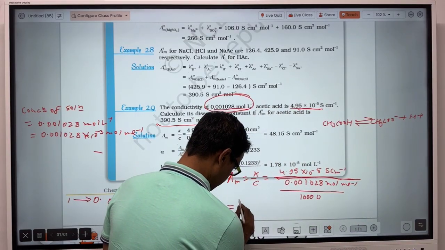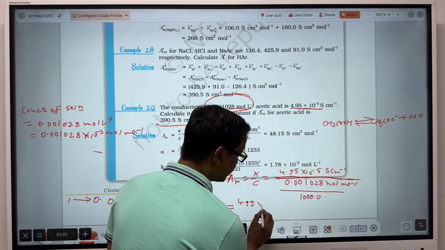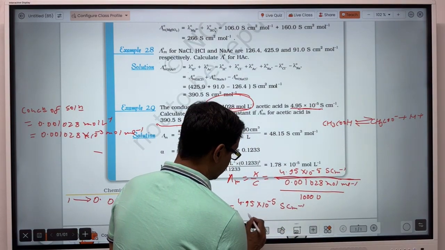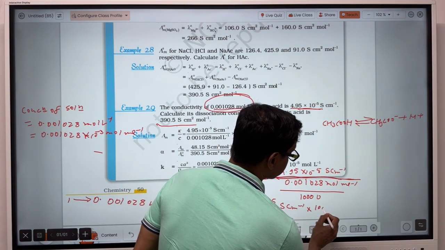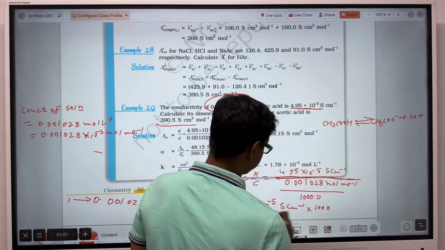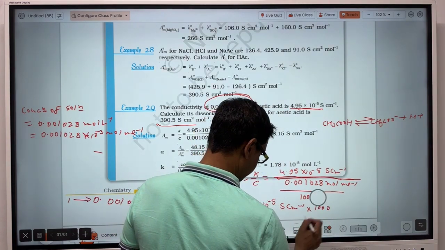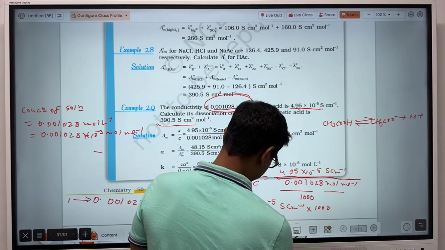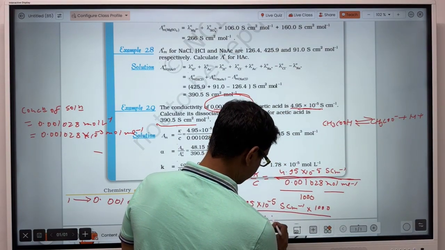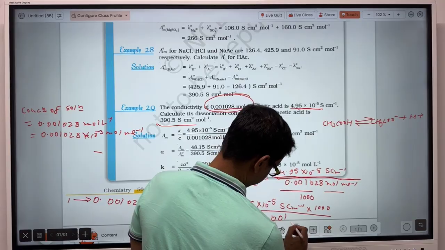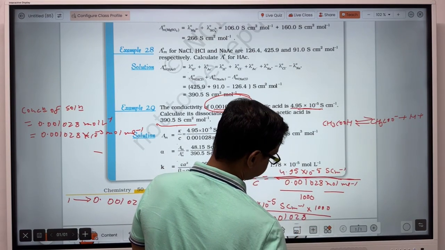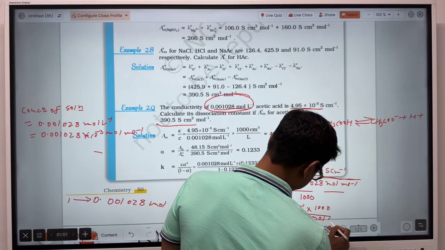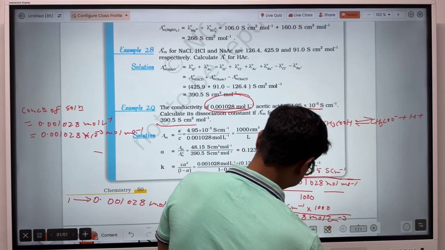That means that will be equal to 4.95 into 10 power minus 5 Siemens per centimeter into 1000, that upon 0.001028 mole per milliliter, that means per centimeter cube.